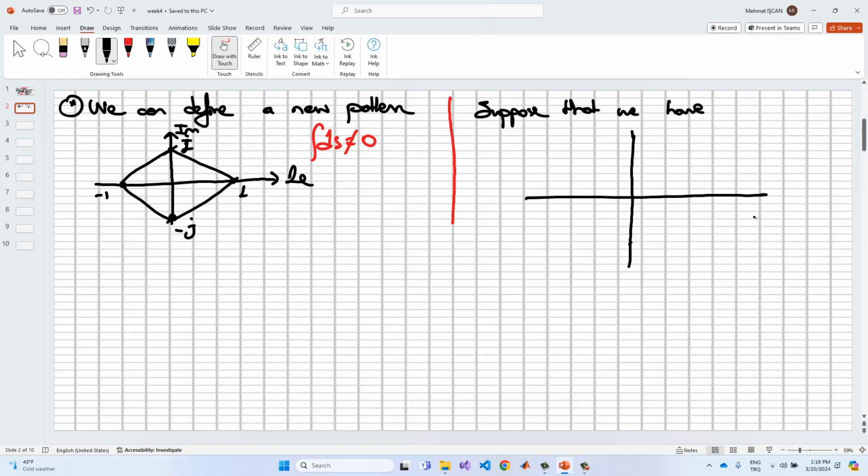Real and imaginary, and we have this square form in here, just like this one, and so 1, j, minus 1 and minus j. Okay, and so this is the formula of the what?